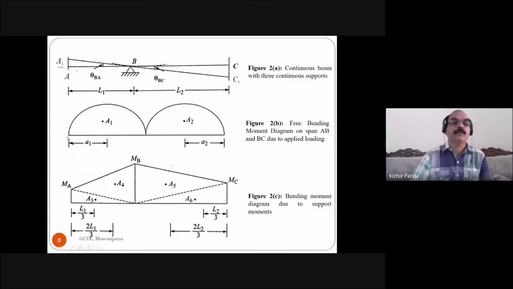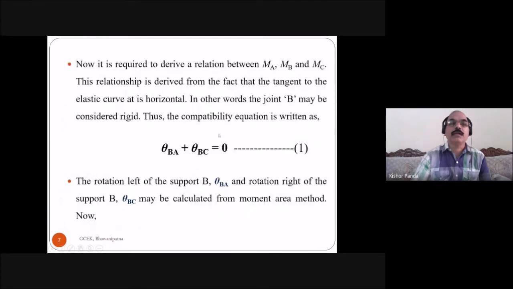Likewise, you take the centroidal distance of area A2 from the support C. So this is the free bending moment diagram, and this is the support moment diagram. From these diagrams you will derive the three moment equation by taking the compatibility equation theta BA plus theta BC is equal to 0.